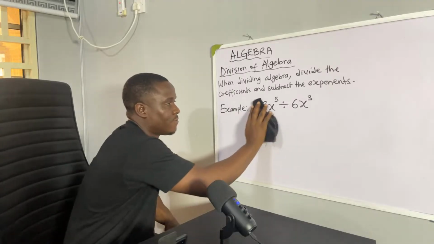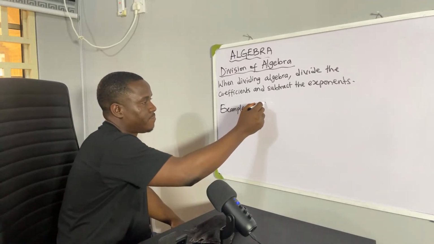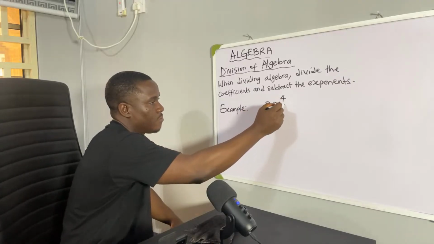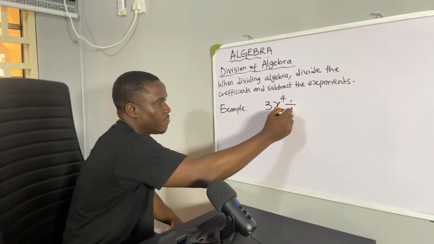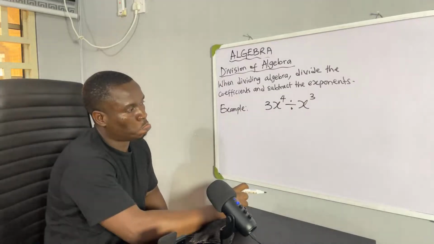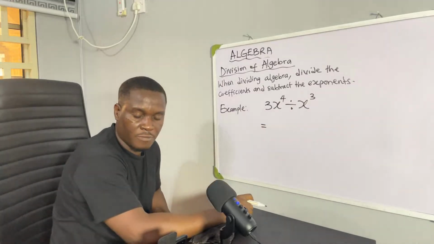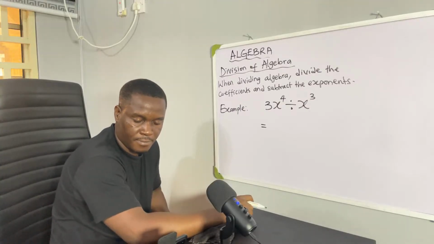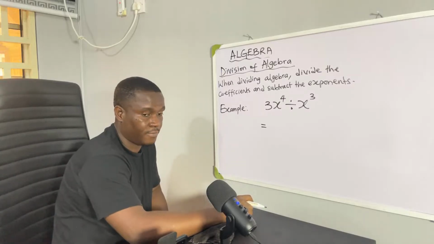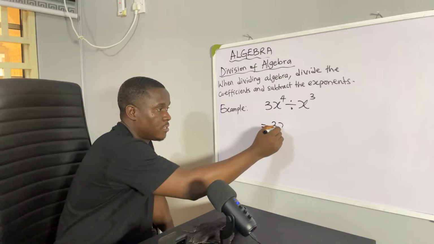So what are the coefficients? 3 and 1. So 3 divided by 1, what do we have? 3. 3x.